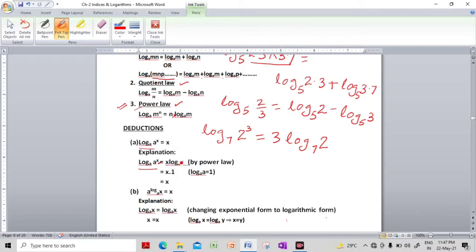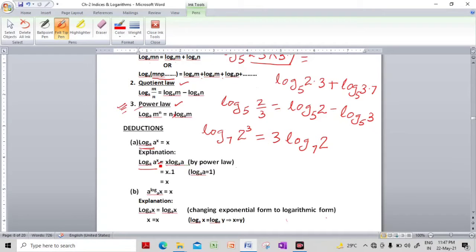Now let us see how it is possible with the proper explanation. For solving this, let us take the LHS of this. Now using the power law which we have studied just now, this can be written as x log of a to the base a.